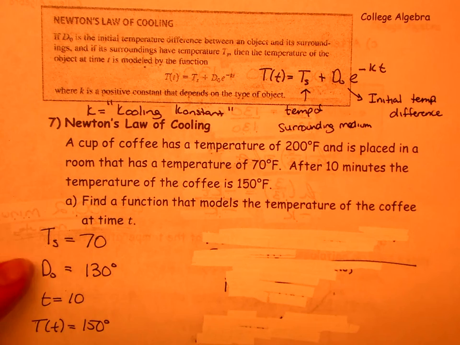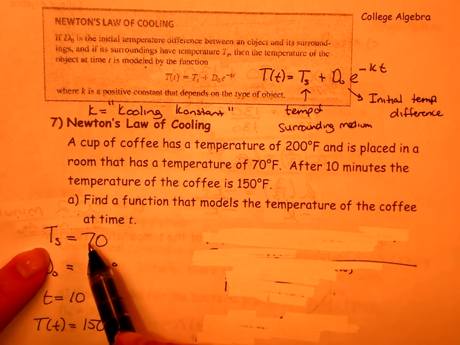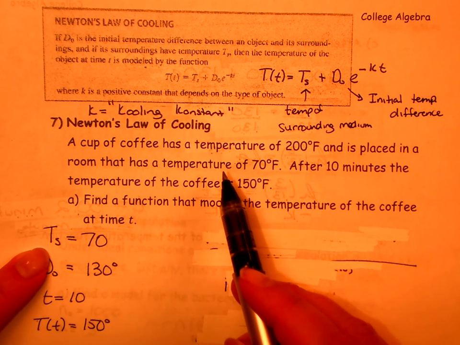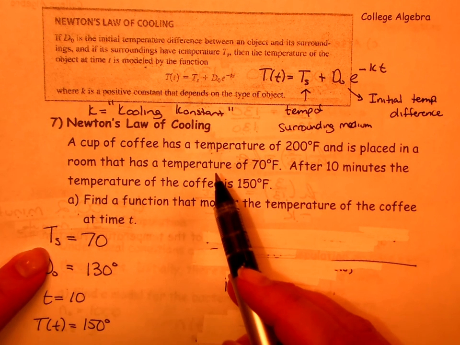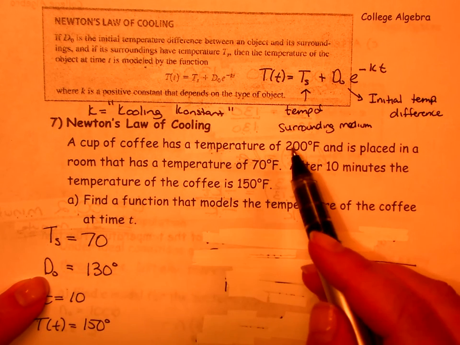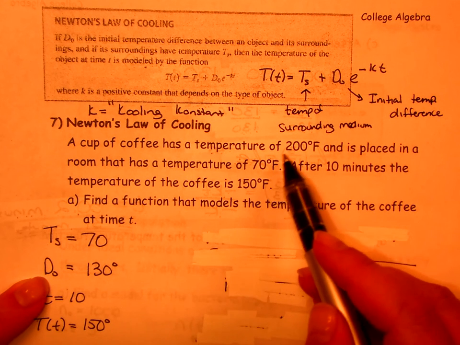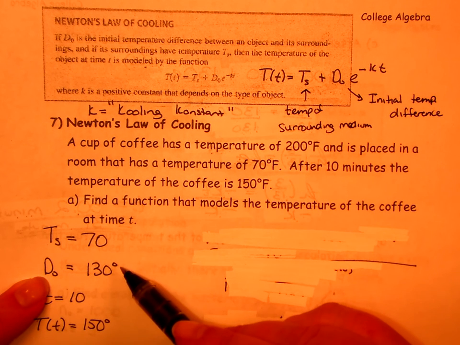All right, so the temperature t sub s, the temperature of our surrounding, is 70 degrees, because that's the temperature of the room that we're placing this cup of coffee. Right, the temperature difference: you put a cup of coffee that's 200 degrees in a 70-degree room, the difference between 200 and 70 is 130 degrees.